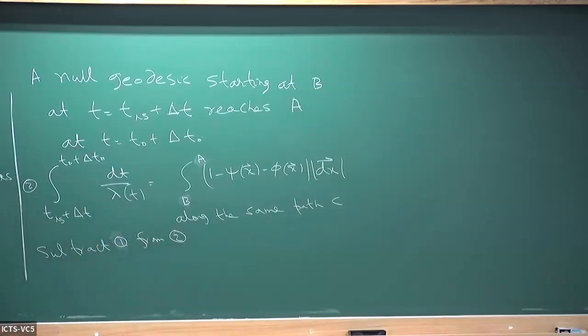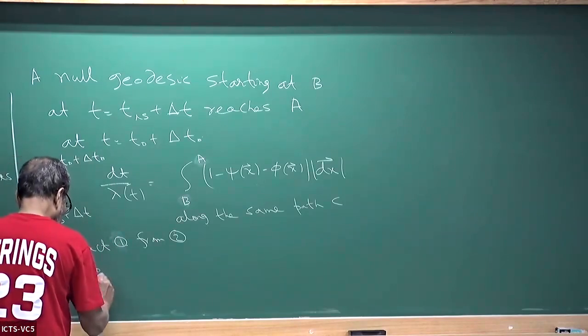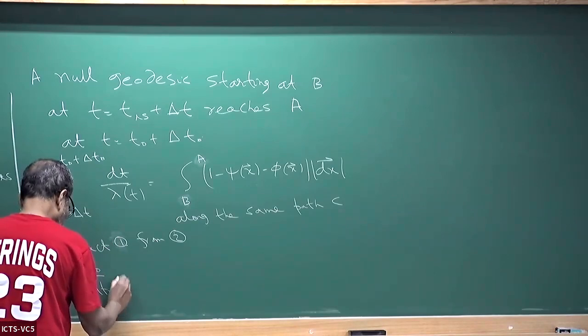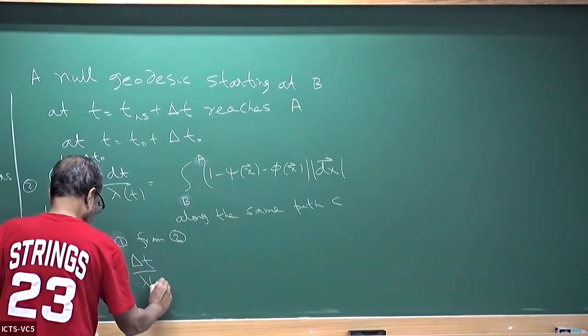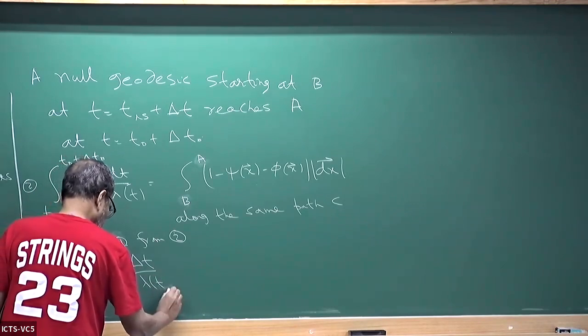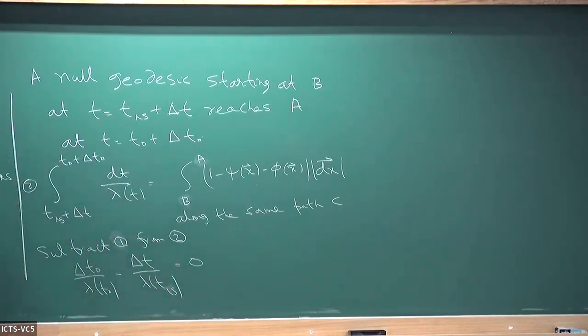The right hand side just cancels, because it's the same integral along the same path. So on the left hand side, we will get delta t naught over lambda t naught minus delta t over lambda t_LS equal to 0.